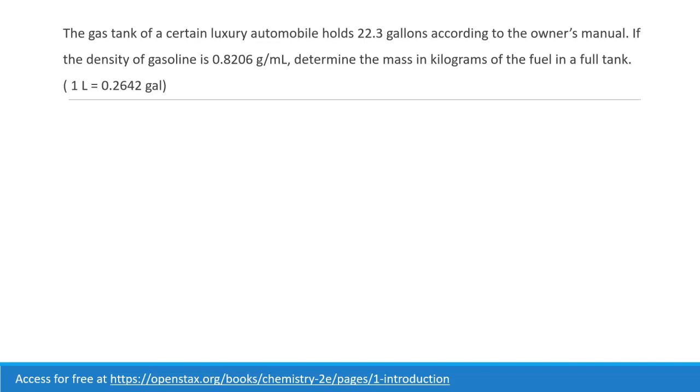The next question, the gas tank of a certain luxury automobile holds 22.3 gallons according to the owner's manual. If the density of gasoline is 0.8206 grams per milliliter, determine the mass in kilograms of the fuel in a full tank. An equality that they give us is between liters and gallons.